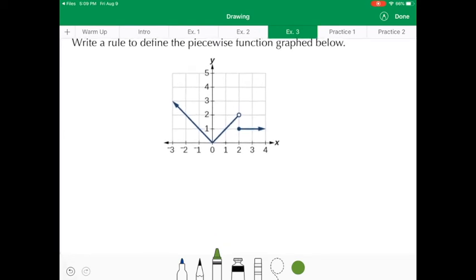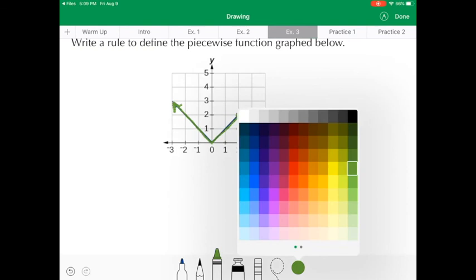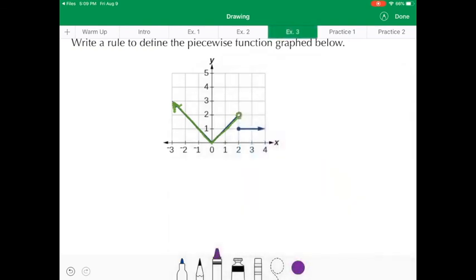The way I'm viewing this, I see that this piece right here all together represents an absolute value function. You could break it up into 2 linear pieces if you wanted. And then this piece obviously represents a constant function.